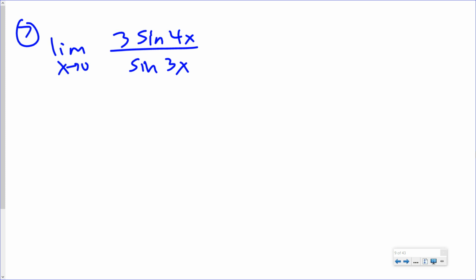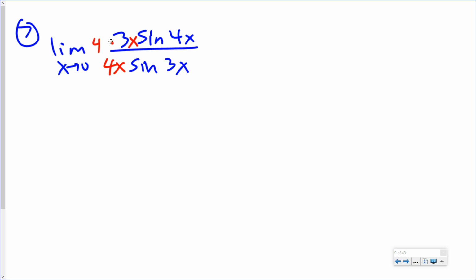So, yeah. Sine 4x, guys, do you agree that I want a 4x on the bottom? Well, if I want a 4x on the bottom, let me just put a 4x on the bottom. What do I want on the top? 4x. No, not 4x. 3x. You agree with that? Well, I already have a 3. Why don't I just put in an x? You guys good with that? But check this out, guys. If I multiply by 4x on the bottom, what do I have to multiply on the top?